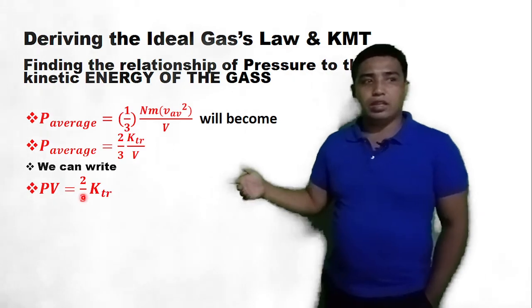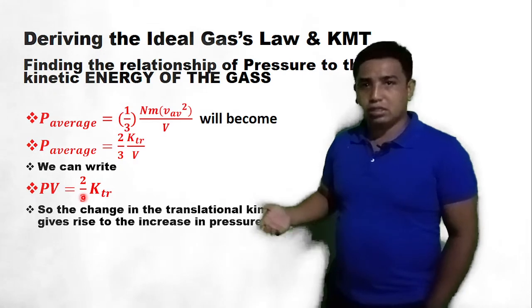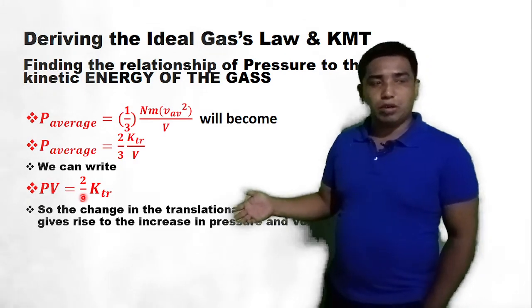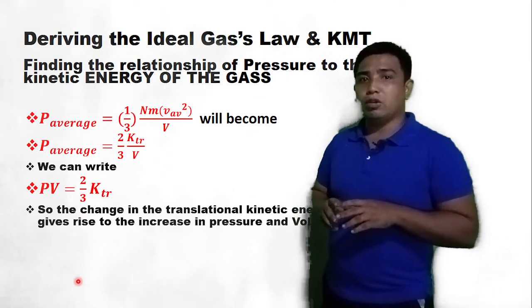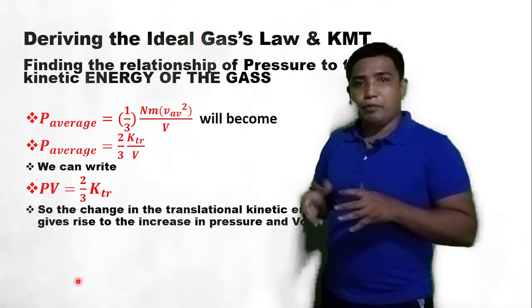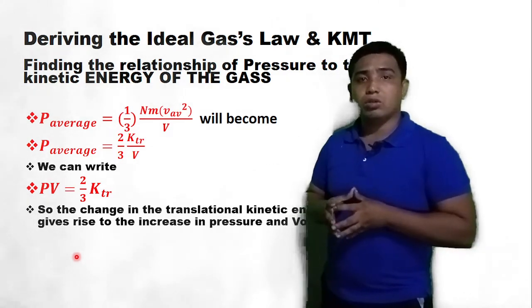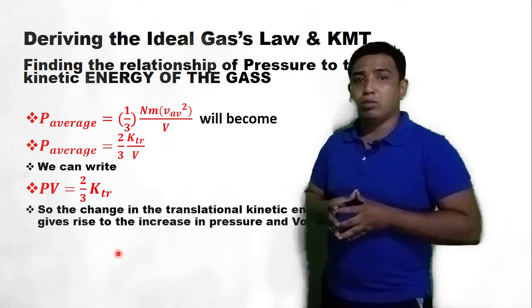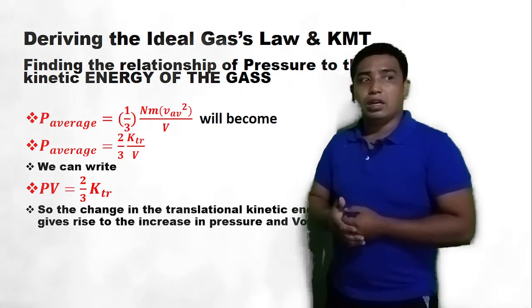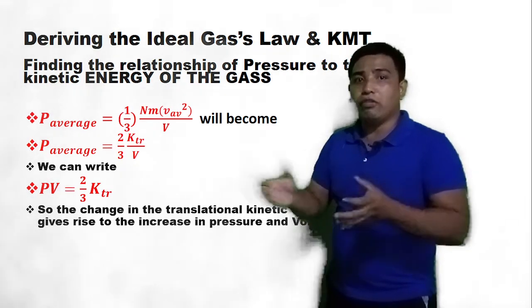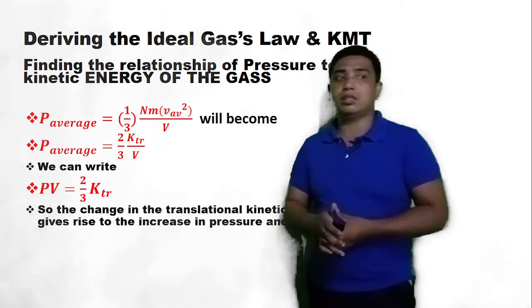So this means that the change in the translational kinetic energy of the gas gives rise to the increase in both pressure and volume, because there's more energy here, so the gas will have more kinetic energy to move, and more energy to push the boundary, so there will be more pressure. And if the boundary gives in to the pressure, it will expand. So that's the meaning of it.